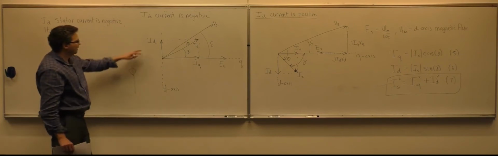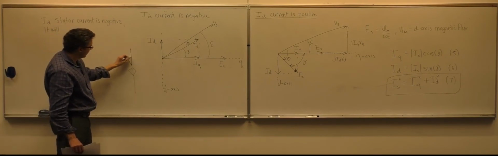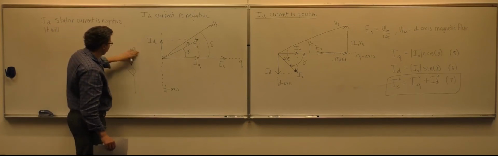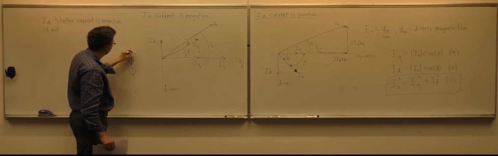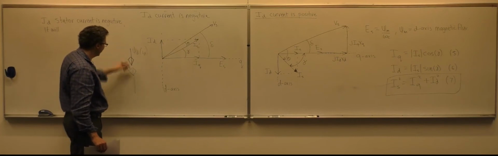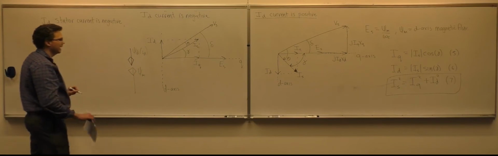If we have a current going in the negative d-axis, then we are applying a flux from the stator that would be opposing the flux coming from the magnet.